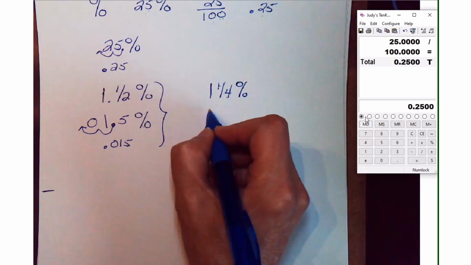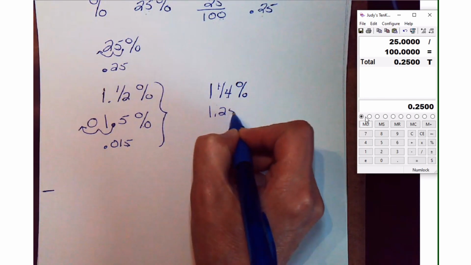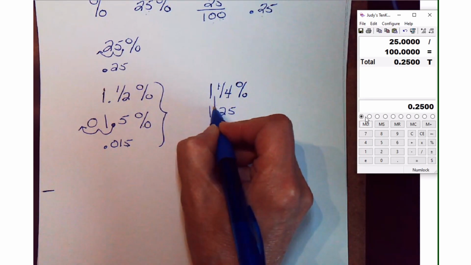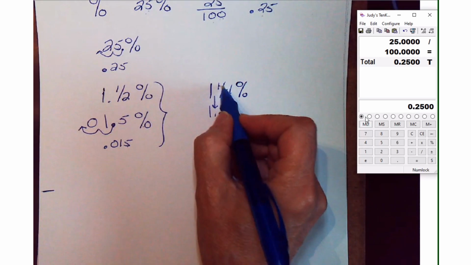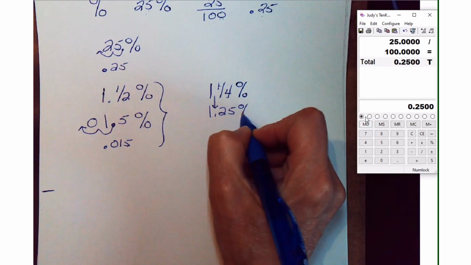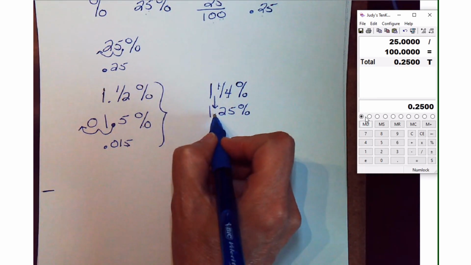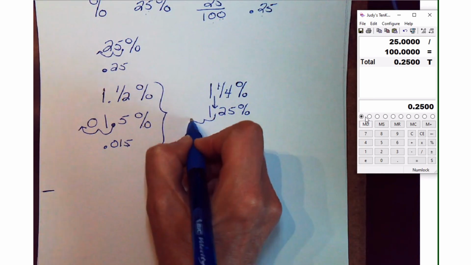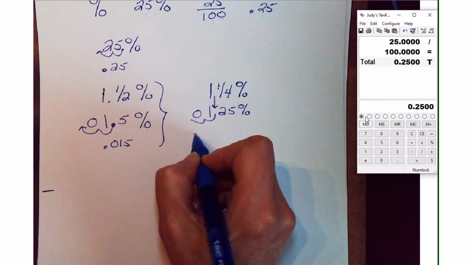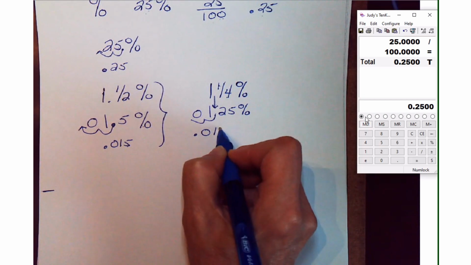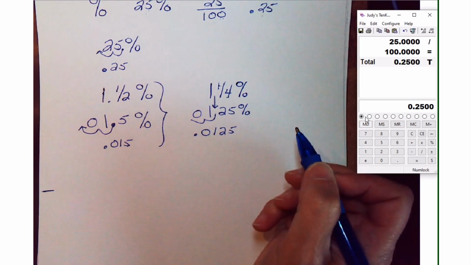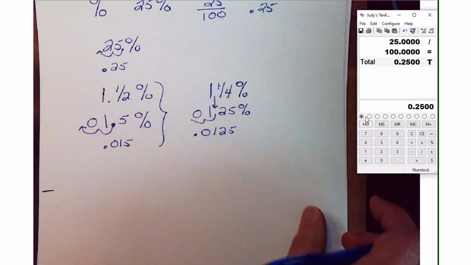We know that 1/4 is 0.25, so it's 1.25%. I haven't moved the decimal. I just brought it down and got rid of the fraction, percent. Now move it 2 places to the left. Add your 0. So 0.0125 is the decimal.